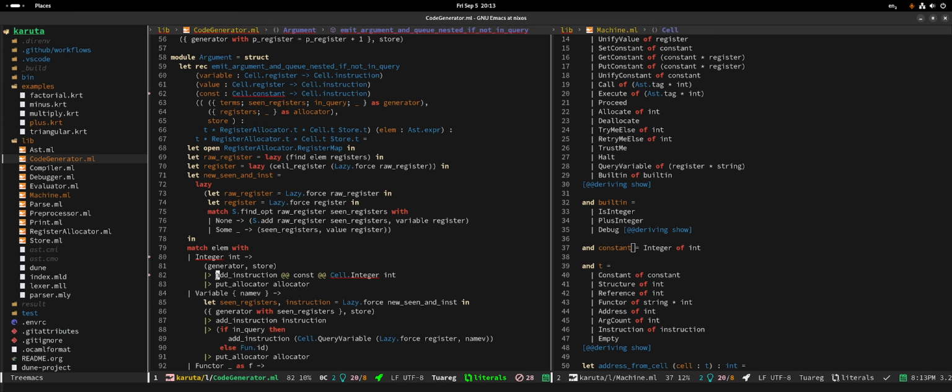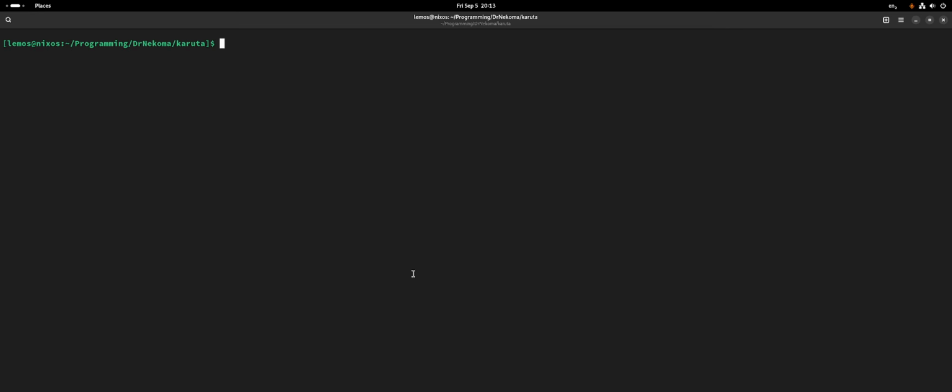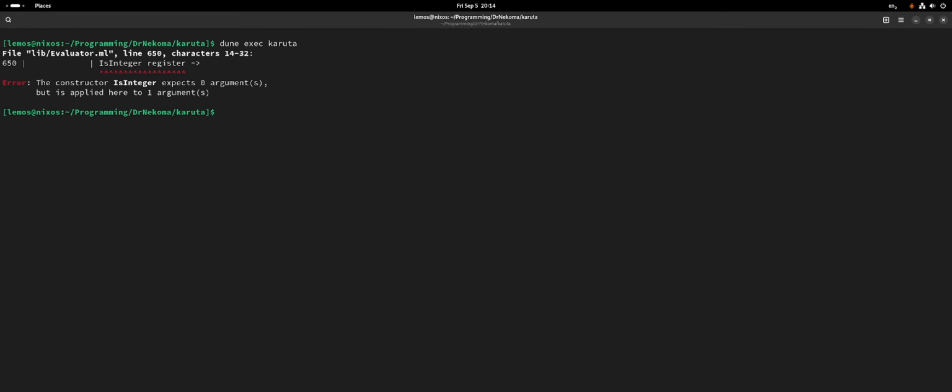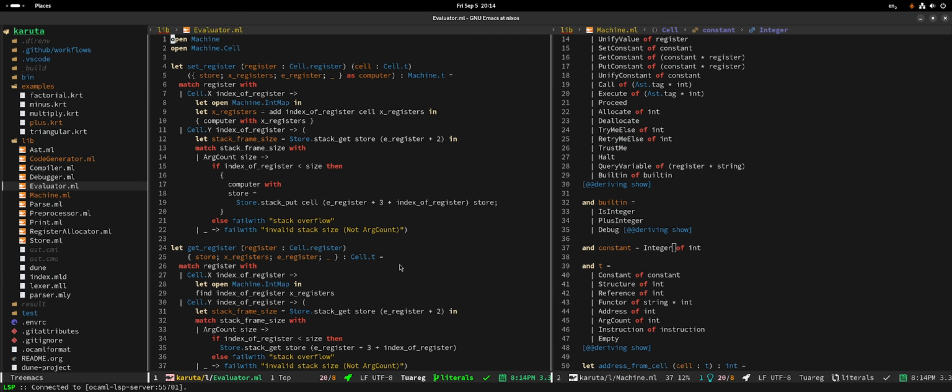And we were adding an instruction with the number in there. Oh, but that's different. This is where we need to push an integer into some register. Yeah, this should stay as it was. So why is it broken? Let's actually try to run it. Maybe it's just misleading. This is misleading, but the evaluator is not.